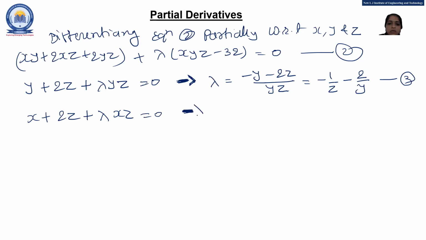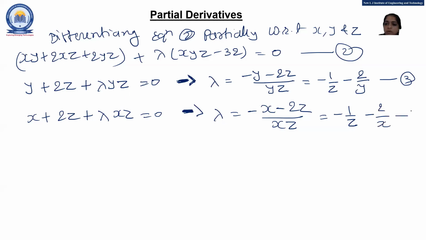Implies if I keep lambda as a subject, then that is minus x minus 2z upon xz. So here x will be cancelled out. So minus 1 upon z minus 2 upon x, and this is my equation 4.